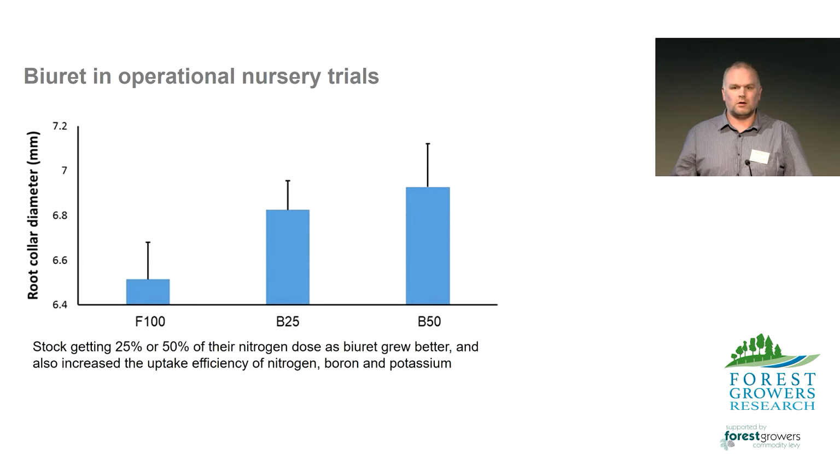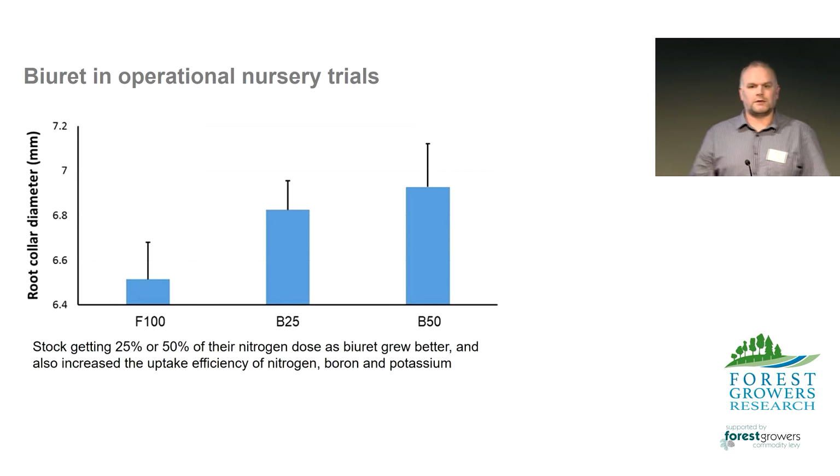But it goes beyond the uptake of nitrogen. We've taken this quite rapidly to operational scale trials in the nursery. That F100 treatment there, that is the standard conventional dose of nitrogen, 100%, delivered as conventional fertilizers. We compared that to a 25% dose of nitrogen and a 50% dose of nitrogen added in the form of Biuret.